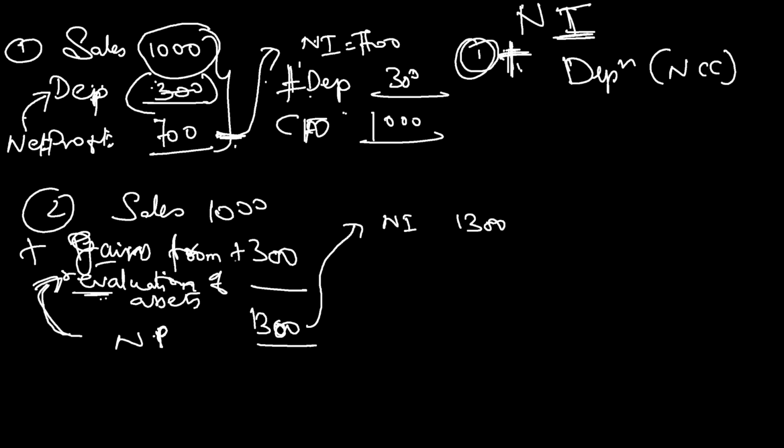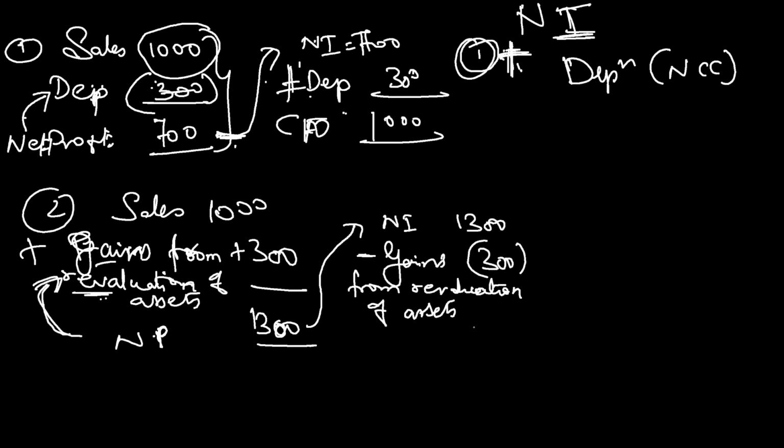So this has been added unnecessarily. So I will reduce this gains from revaluation of assets. So 300, this 300 I'm going to reduce. So my cash flow from operations is 1000.